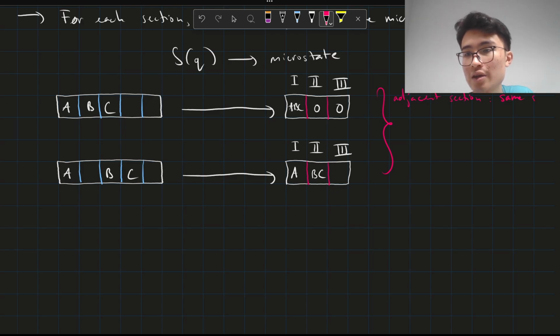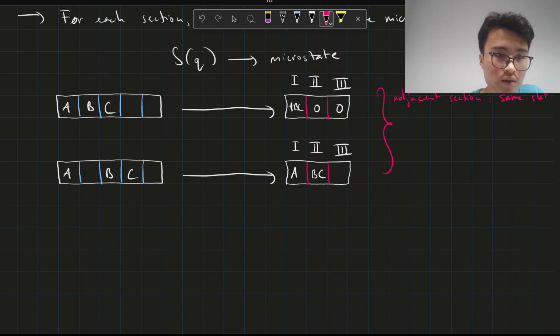They belong in the same slot. For example, in this case, ABC are in adjacent sections, so they belong in the same slot. If not, they belong in different slots.